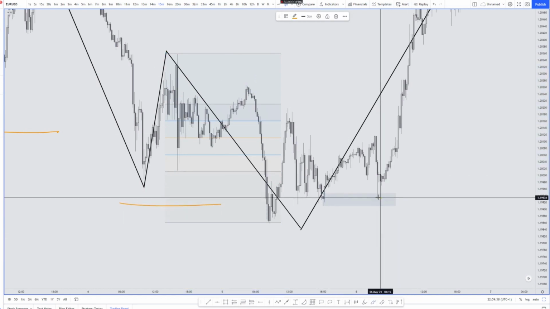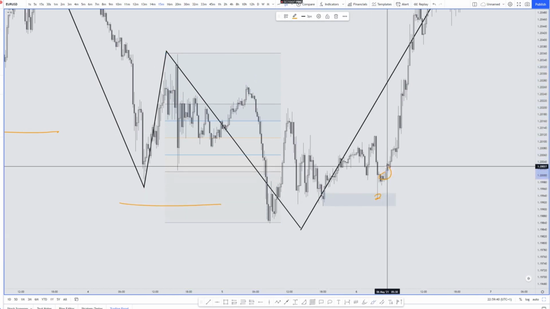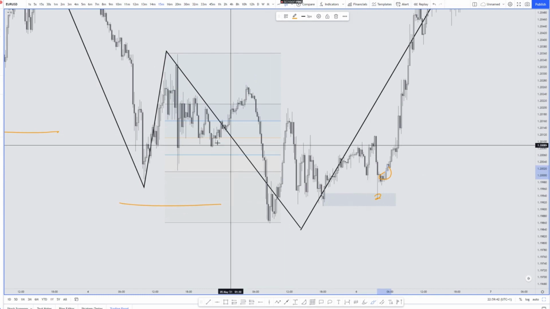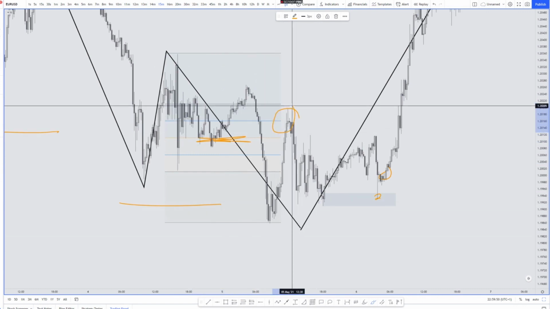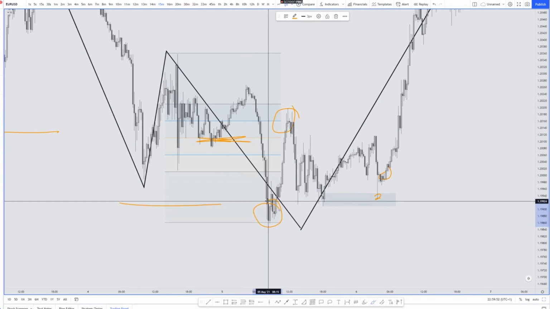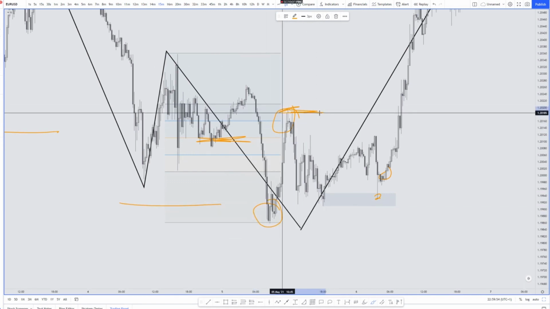However, you get in here or anywhere in here, you are still safe to take this trade. Relative equilibrium. You could even go as far as saying this high failed to take this low, so this high is weak.